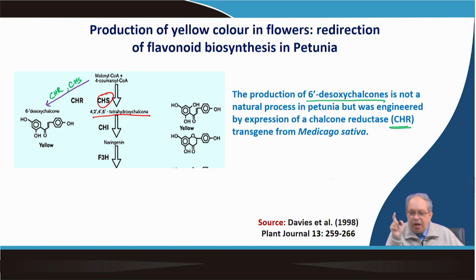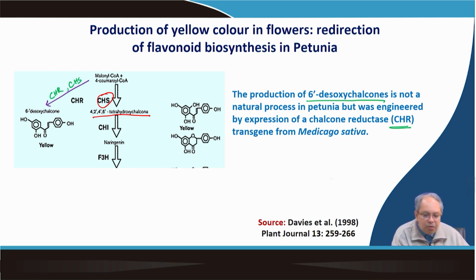So, that is why scientists took the CHR from Medicago sativa, okay, and they expressed it in petunia. So, what happens in this case, the pathway now moves in a new direction.